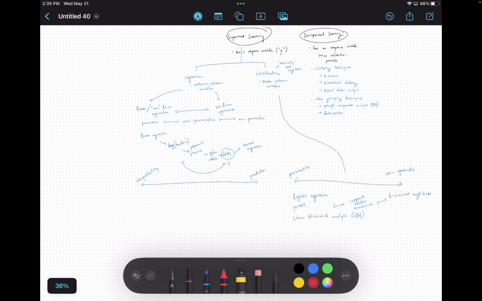I would say almost as its own separate thing, we have neural networks that operate in a generalized fashion and can replicate pretty much everything in here, depending on how you set up the neural network, right?